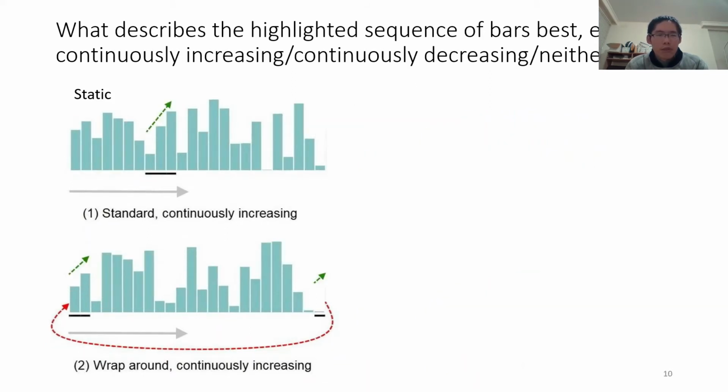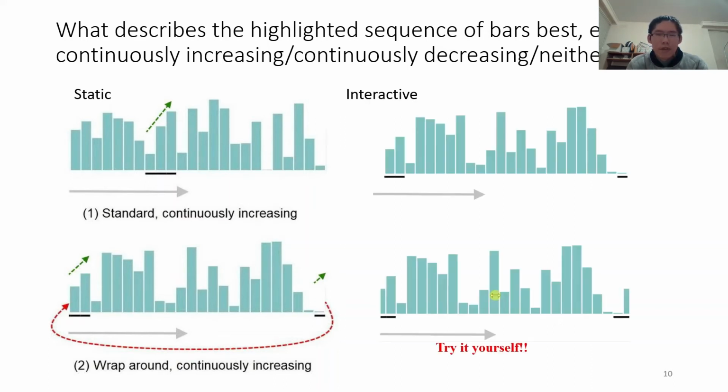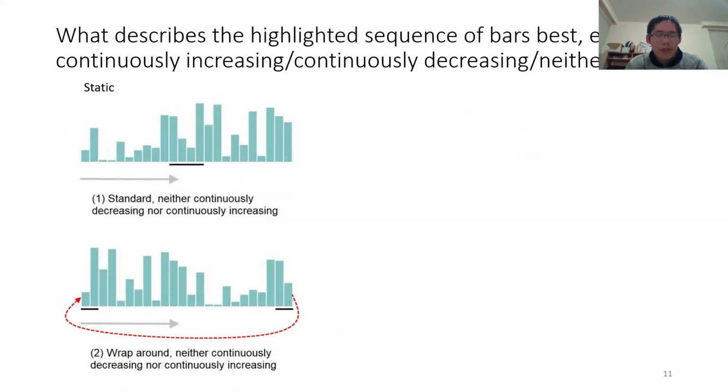Then, we present examples where highlighted sequence of bars are continuously increasing. And finally, we show examples where highlighted sequence of bars are neither continuously decreasing nor continuously increasing.